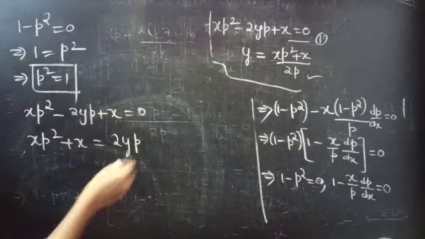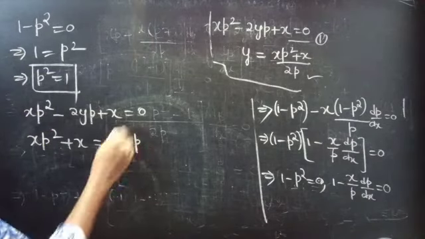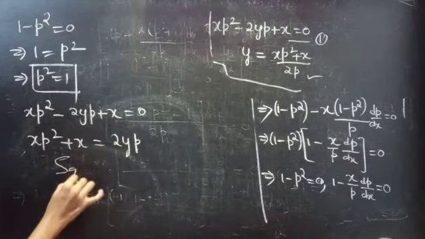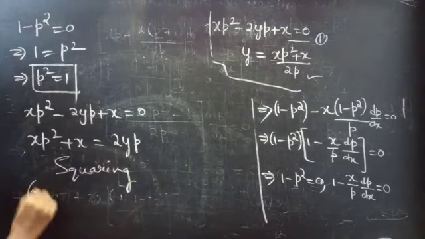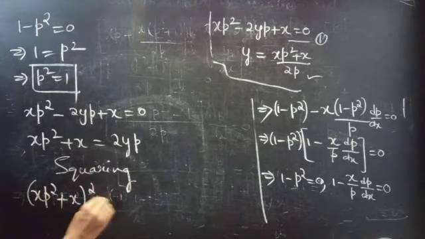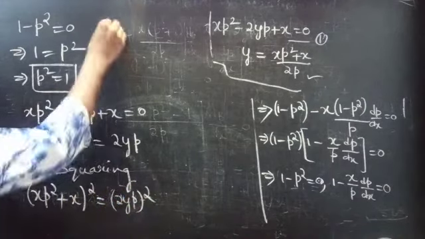Here you have p, so we'll convert it to a square by squaring on both sides: (xp square plus x) whole square equals (2yp) whole square.